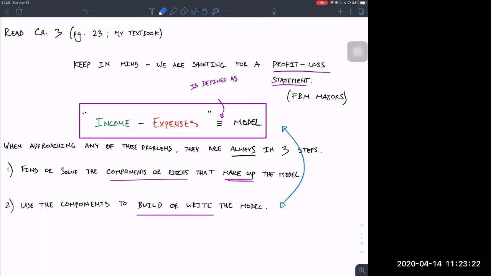In other words, when we find or build or write the model, that means write out your income minus expenses, or your profit loss statement, right?